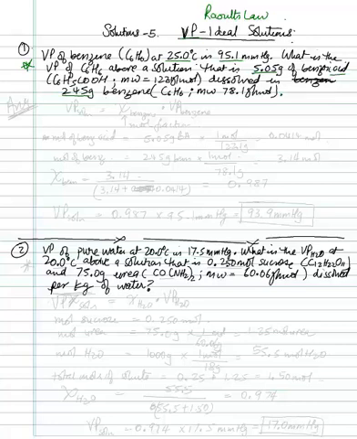Let's look at the formula first for vapor pressure. The vapor pressure of the solution is going to be the mole fraction of the solvent, which in this case is benzene, times the vapor pressure also of benzene.